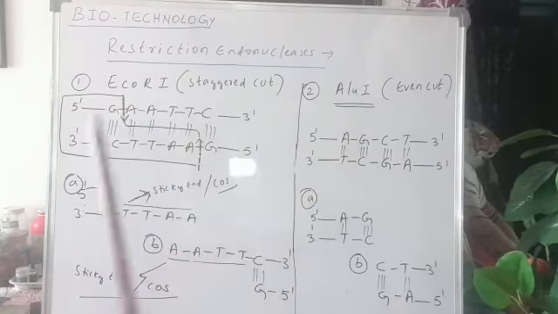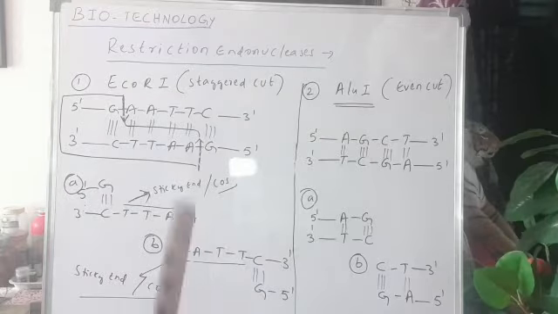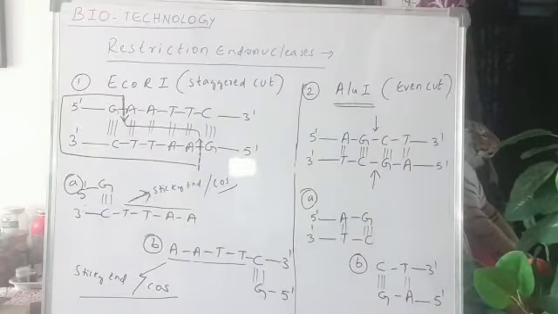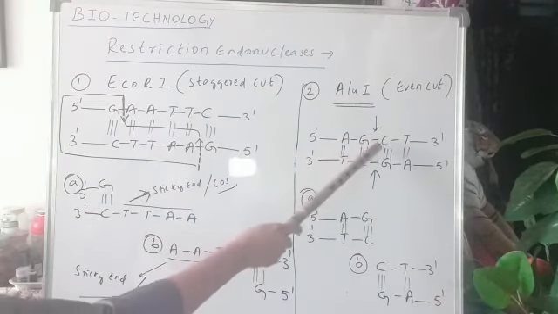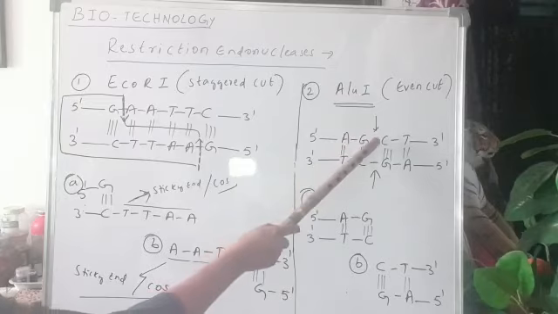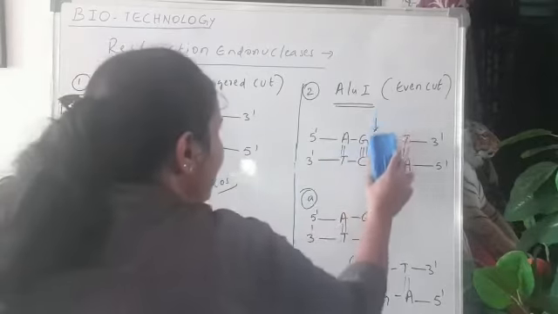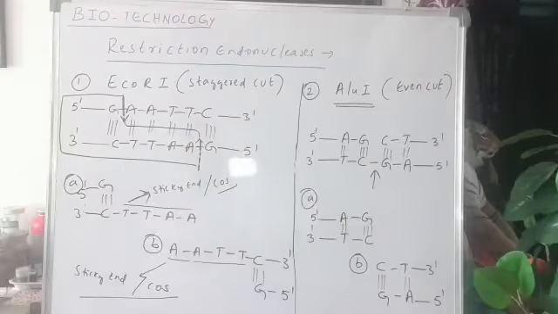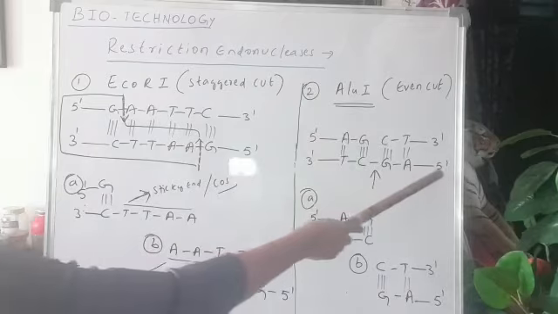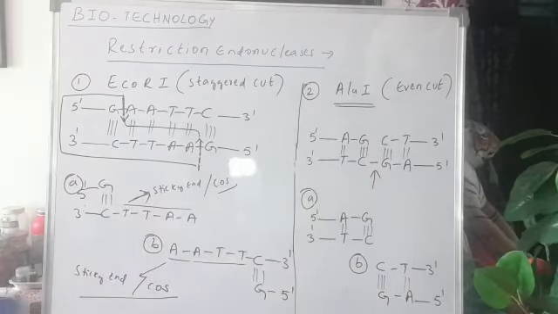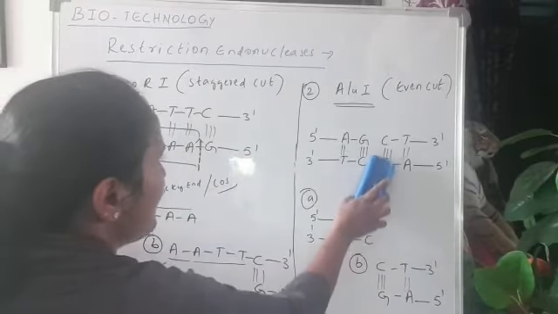After recognizing this sequence, it cuts between G and C. Here you can notice 5 prime to 3 prime, here you have G and C. So it is cutting a phosphodiester bond between G and C. Again in the other strand, 5 prime to 3 prime, G and C is there, so it cuts the phosphodiester bond here.